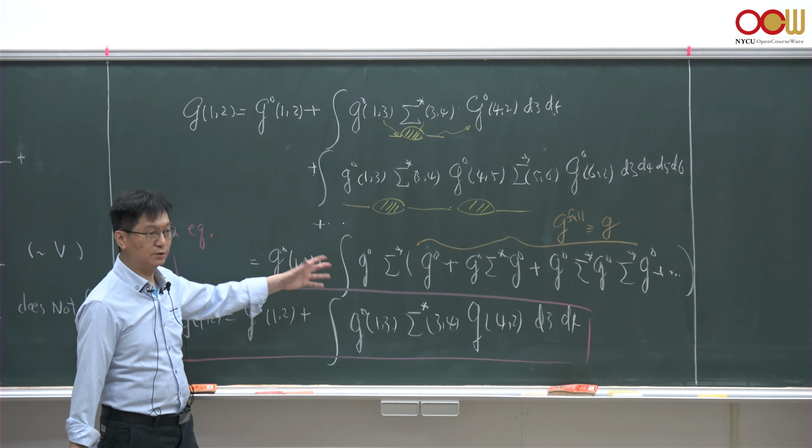And later we will make connections between this G4 and all these measurable quantities, such as dielectric functions of metals and insulators, and also charge transport, electron transport in the Anderson localization problem.